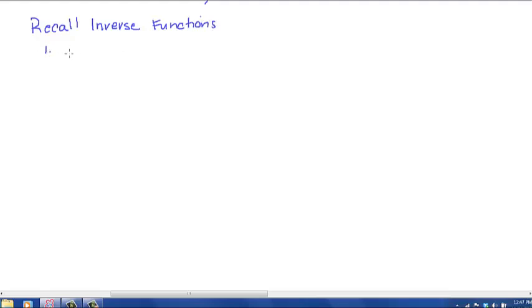For one, inverse functions are one-to-one functions, which means they pass the horizontal line test. Remember that in order for a function to have an inverse, it has to be one-to-one.